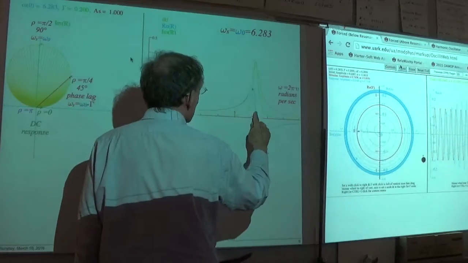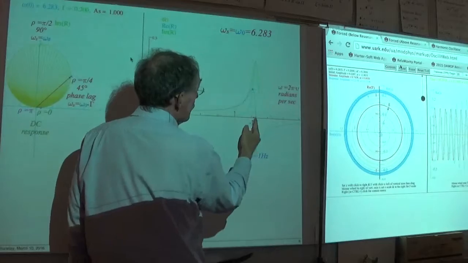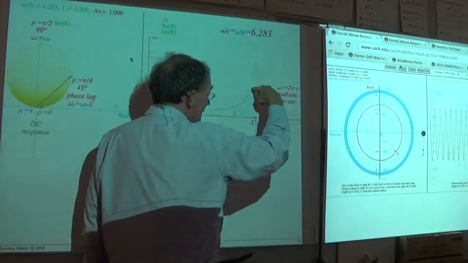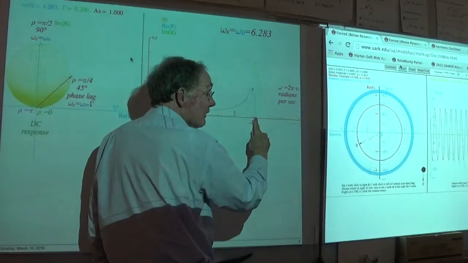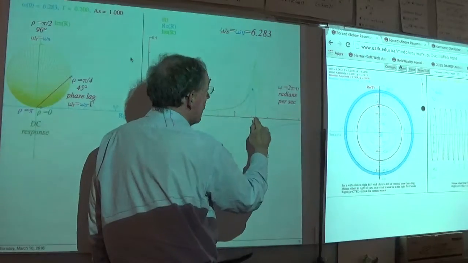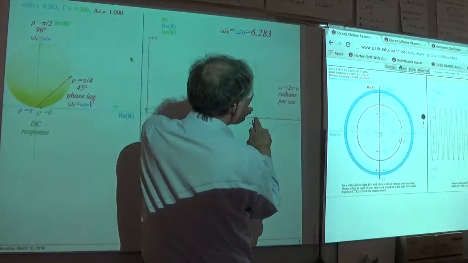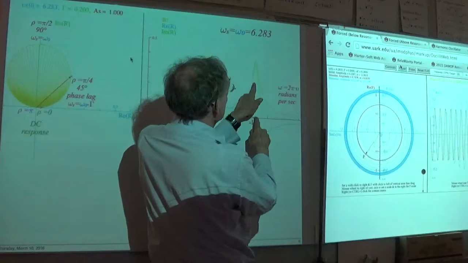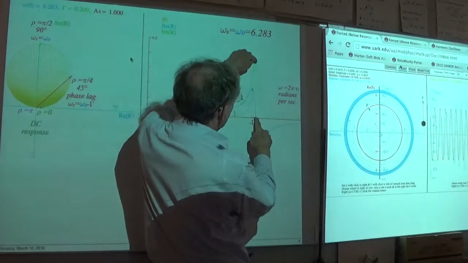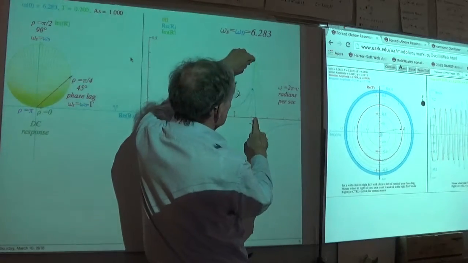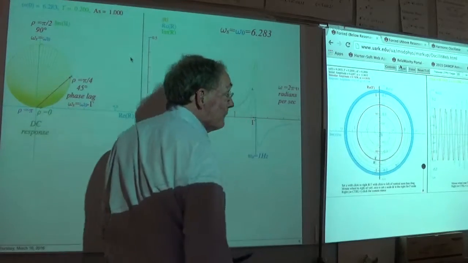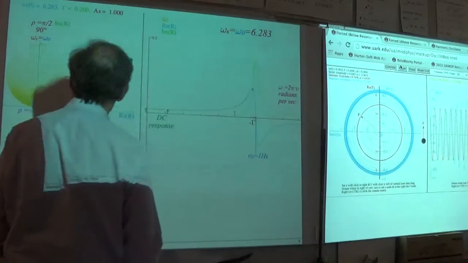This one right here has no real part at all. The real part says, I'm out of here, crashes, right? But the imaginary part just keeps right on going through the peak of the real part and stops there. So the imaginary part is maxed out, while the real part is zero, okay?